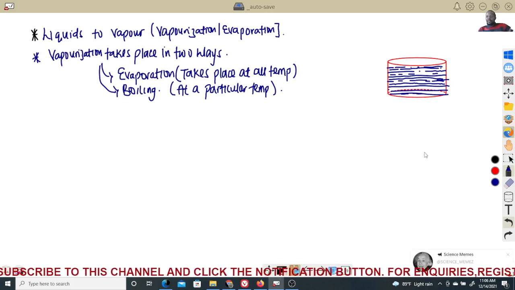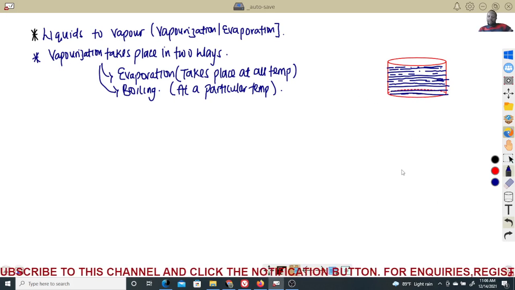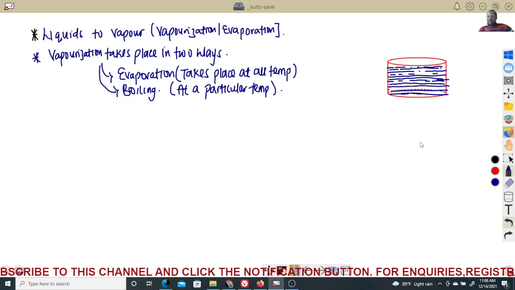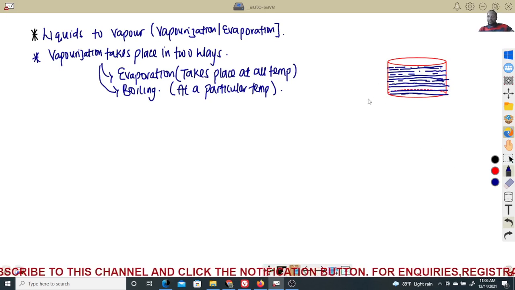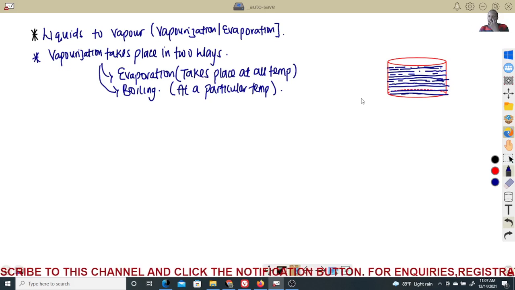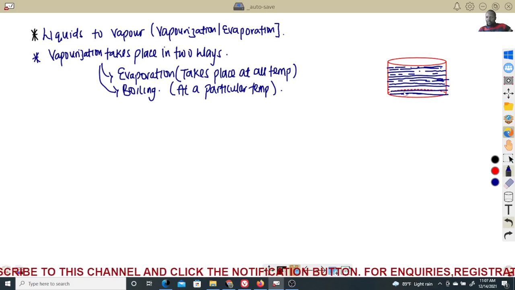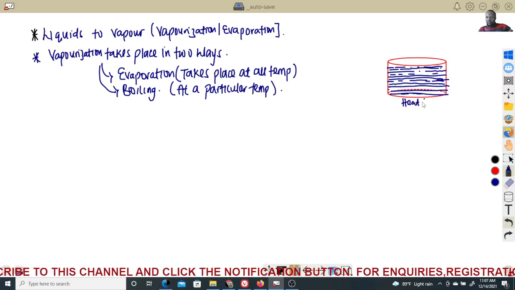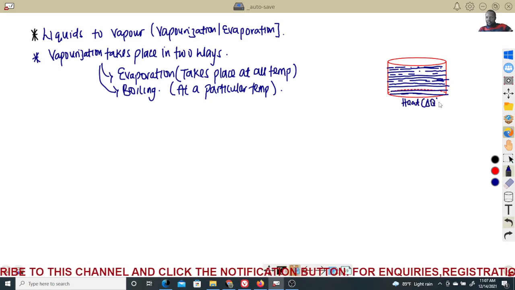So we are talking about liquid that is filled in a container. Now, as we increase the temperature of this liquid, let's just take it a very quick way. Some liquid is very close here, and we heat up this particular substance. We supply heat to it.